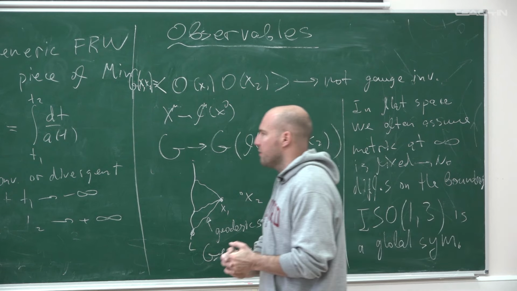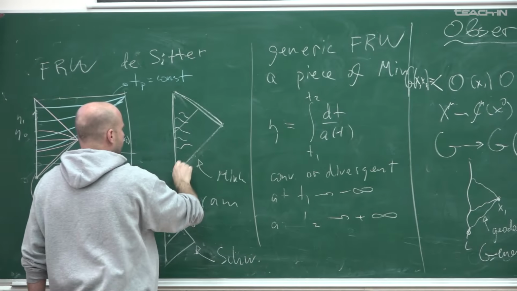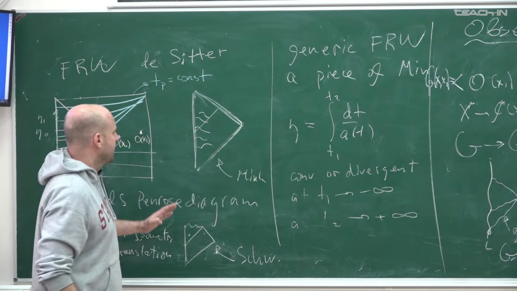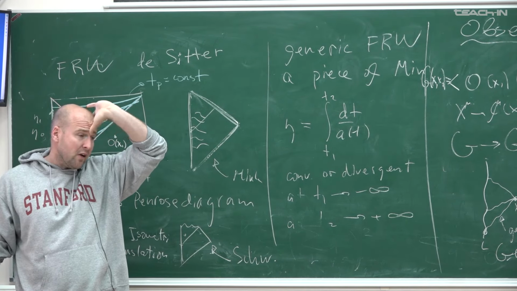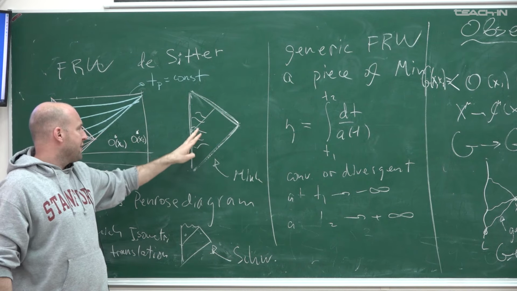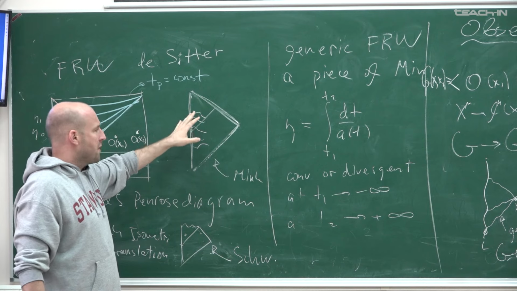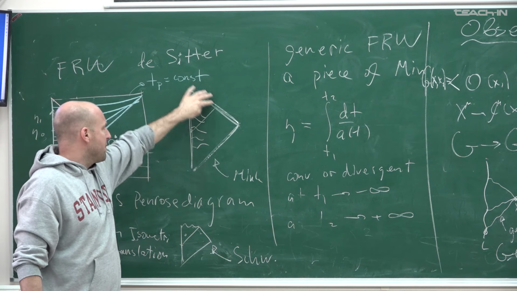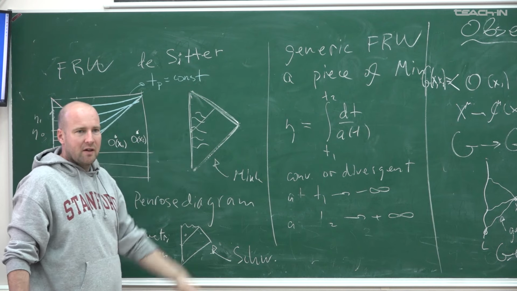But if we only consider metric perturbations that vanish close enough to my boundary, and the boundary, remember, is these two null surfaces that I call past infinity and future infinity of Minkowski space, so diffeomorphisms vanish there, then we can still have the Poincaré group that basically acts on these boundaries, okay, and that remains a global symmetry of the space.